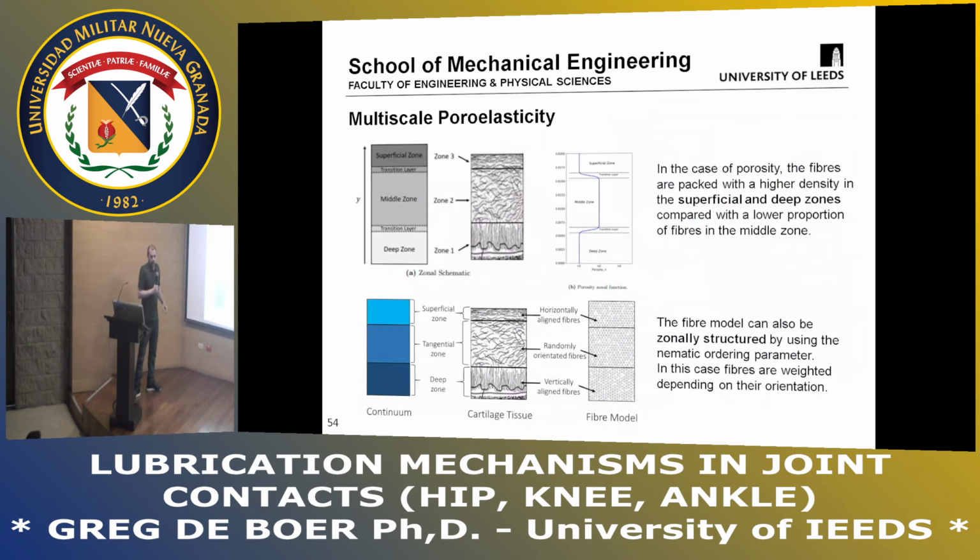So one thing that's really important in cartilage is that we have these different layers, from the layer that's in contact, the lubricating region, all the way through to the deep zone that's connected to the bone. And one thing that's really useful with our multi-scale model is that we can represent these different layers by changing the springs and their stiffnesses and their orientation. And this is really advantageous because in a continuum model, that would only be represented by anisotropy.